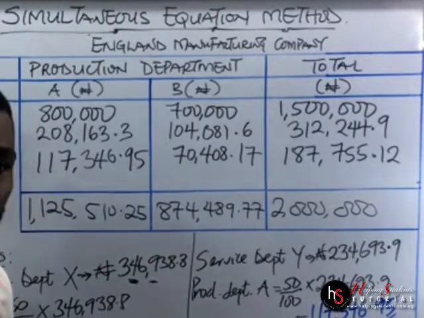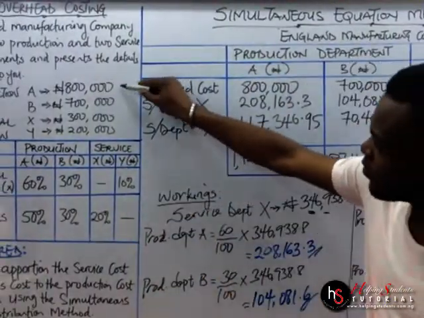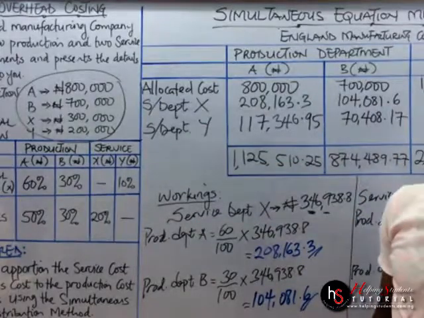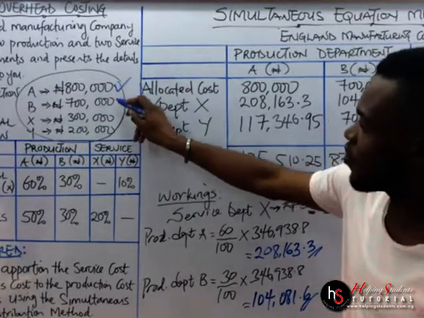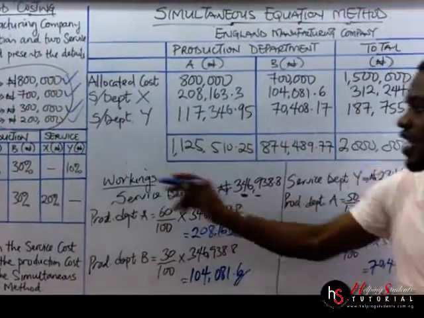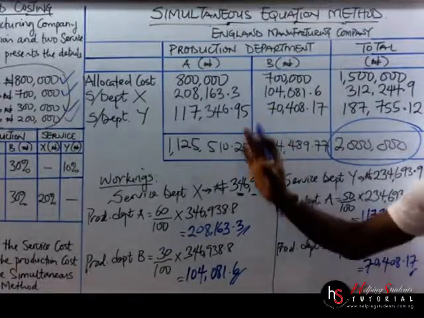Now, to also confirm your answer, let us go back to the question, the table we have. By the time you add up these values which we have here, 800,000 plus 700,000 plus 300,000 plus 200,000, it still gives us 2 million naira. Okay? So this is just the process.